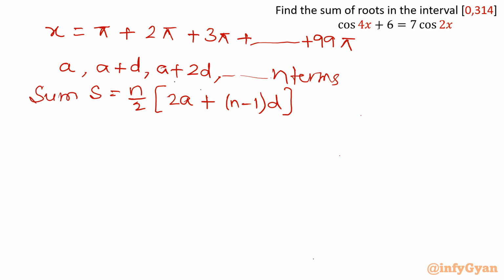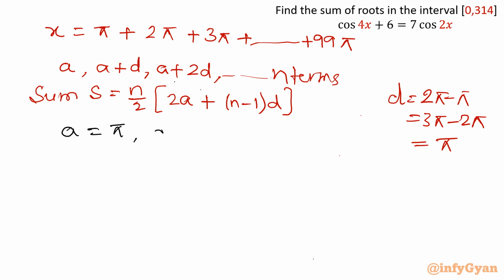As you can see, it is an AP because the common difference d is the same. Common difference d is 2 pi minus pi, which is the same as 3 pi minus 2 pi, equal to pi. First term is pi, common difference is pi, and total number of terms is 99.